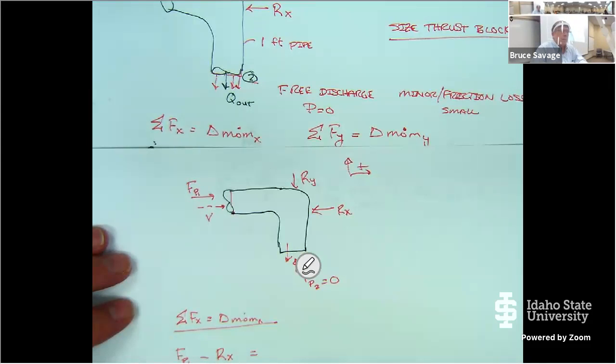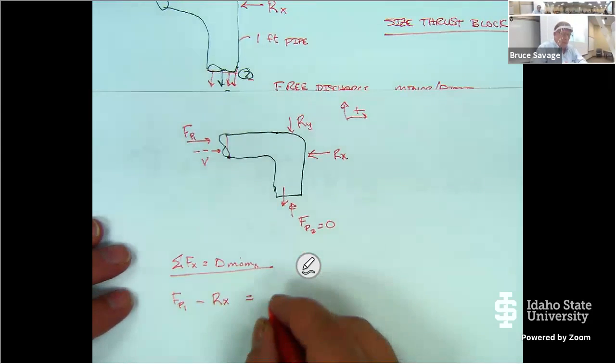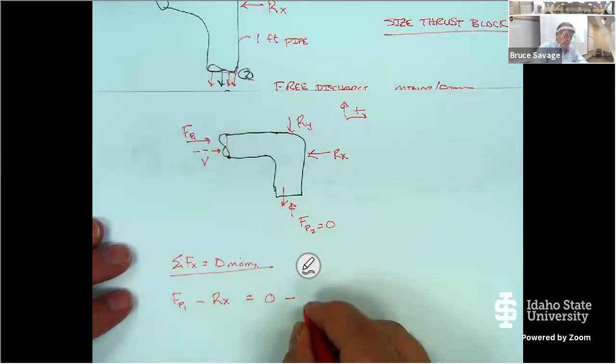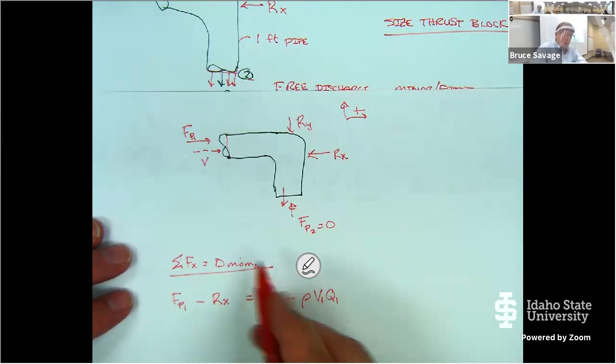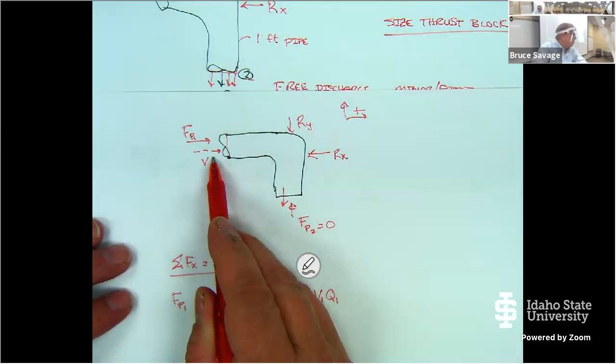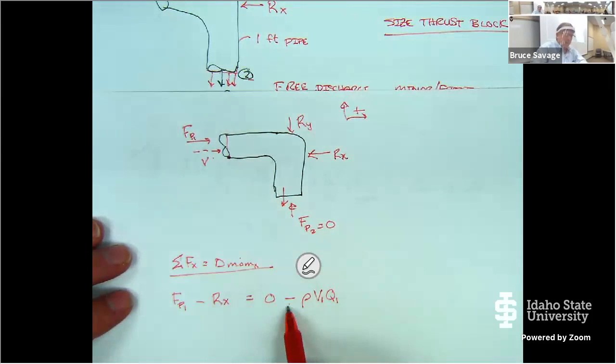Well, what flow is going out in the X direction? 0. So it's going to be 0 minus the flow going in. So I have rho V1 Q1, okay? Now I look at this and I say, all right, it's going in, so it's negative, and it's also going in the positive direction, so it still stays negative, okay?